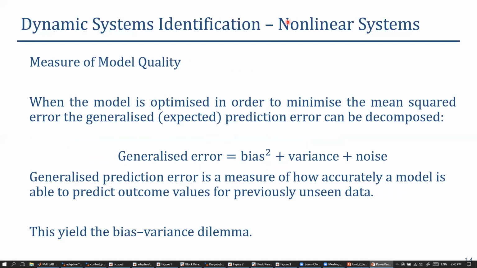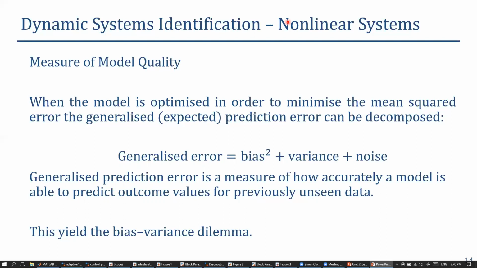So now let's talk about the quality of the model, right? When we use some sort of cost function for the training of the model, let's say the mean squared error cost function, then generalization can be done, right?